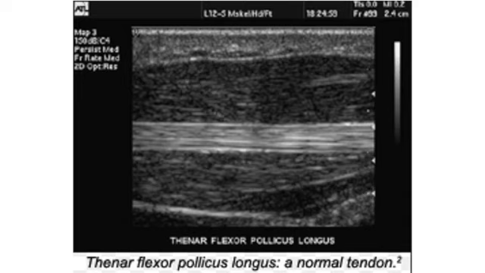But what we're going to look for here in terms of pathology is obviously we're going to scan up and down that tendon, and we want to see if there's any chinks in the armor, for lack of a better term. We want to make sure that there's continuity in that tendon. So you can already see the advantage of ultrasound in the fact that we can view that tendon in real time and see if there's any sort of pathology.